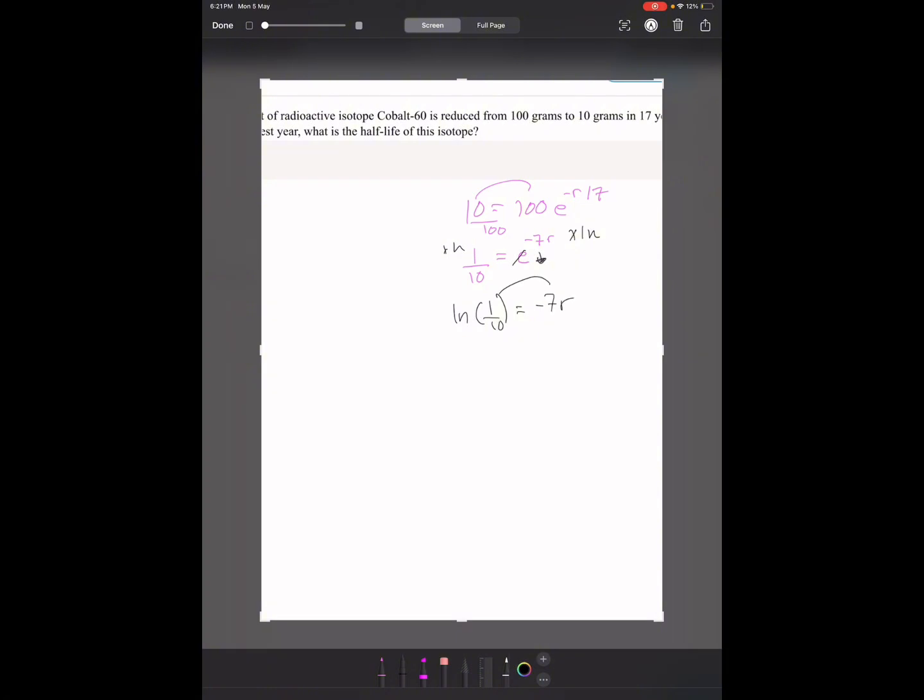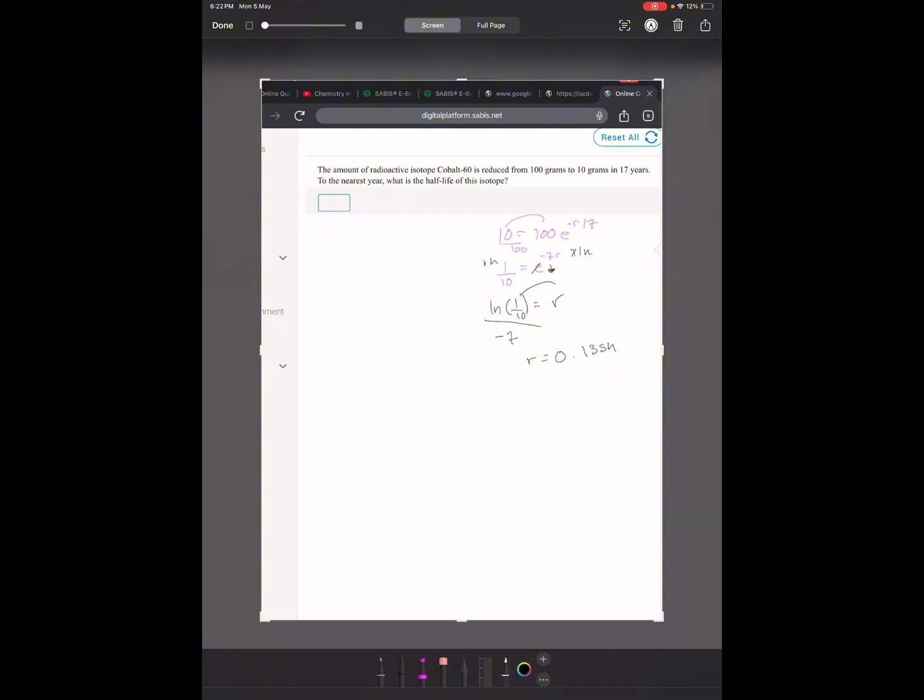Move this to the other side. This is over minus 7. So r equals this. On your calculator, you get r to be 0.1354. You found r. Now you can find the time.